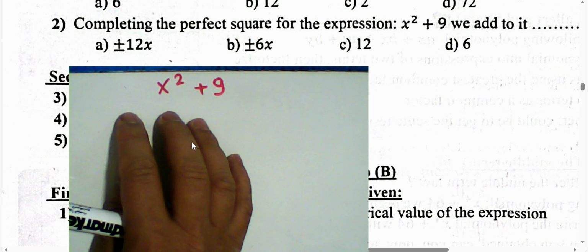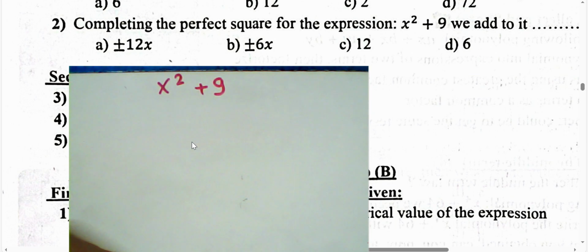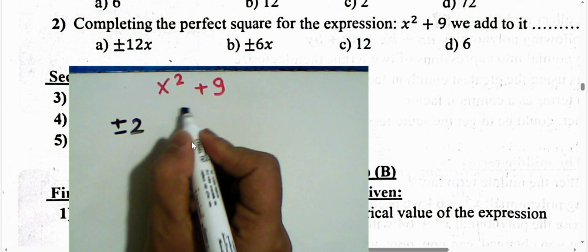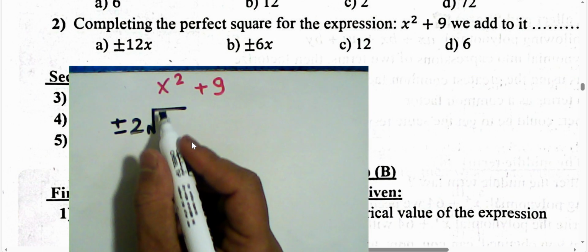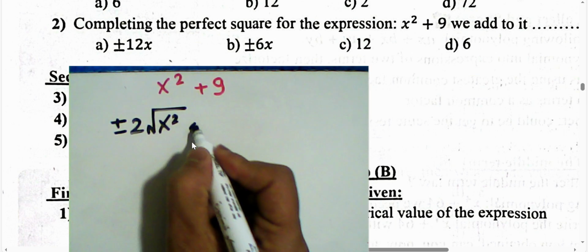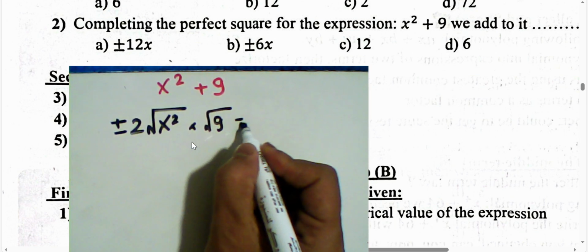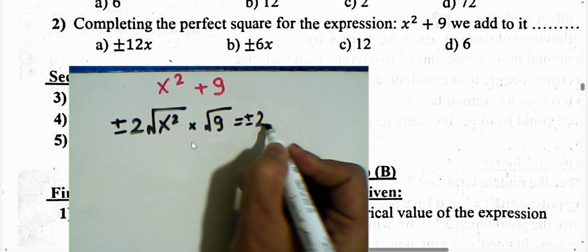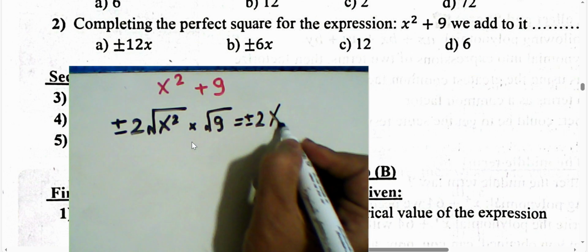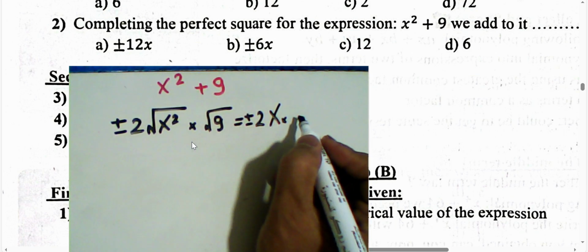To convert this expression to a perfect square, you must add positive or negative 2 times the square root of the first times the square root of the third. The square root of x² equals x, and the square root of 9 equals 3.